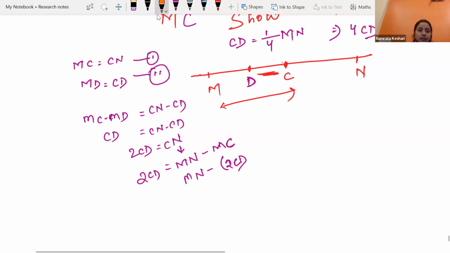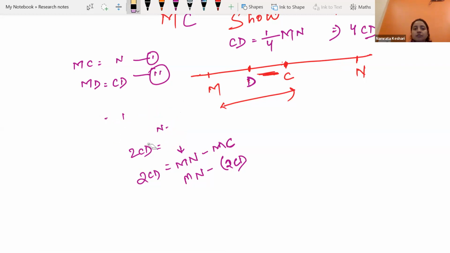Better if we take... I'm explaining how to do it. You check the easier version of this one. You will be able to find it. Otherwise, you can do it like this. Basically, if C is the midpoint of MN, we can see MC is equal to CN. Yes or no?